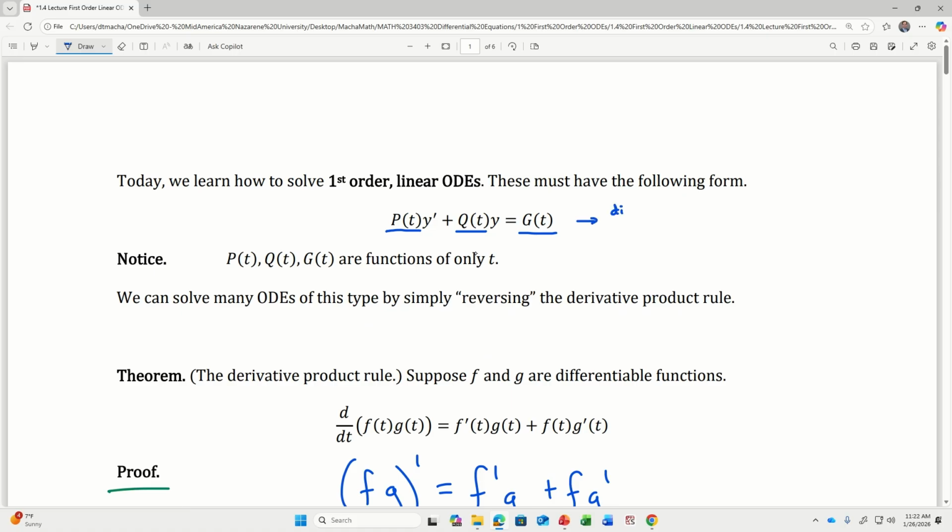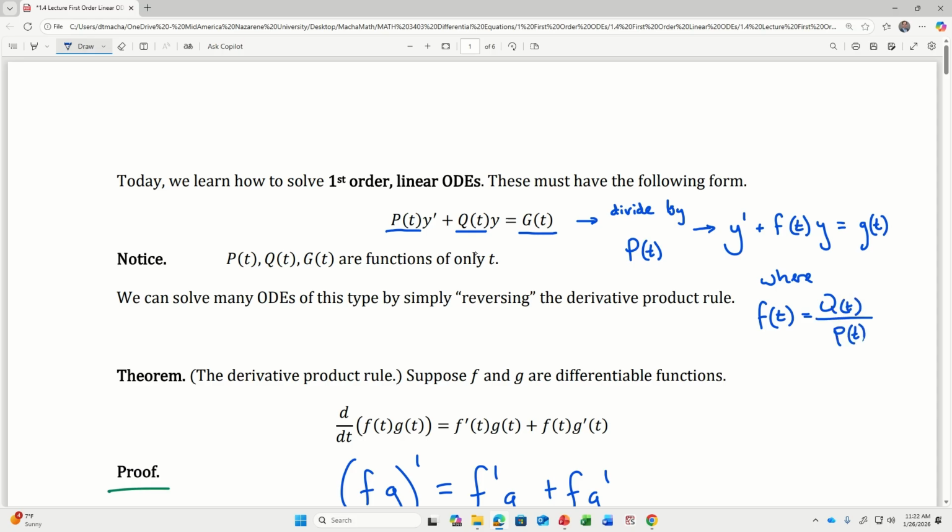So take this and divide the entire ODE by the function capital P of t, and you would get something like this, where the function multiplying y would just be capital Q of t divided by capital P of t. And this little lowercase g of t function would just be capital G of t divided by capital P of t.